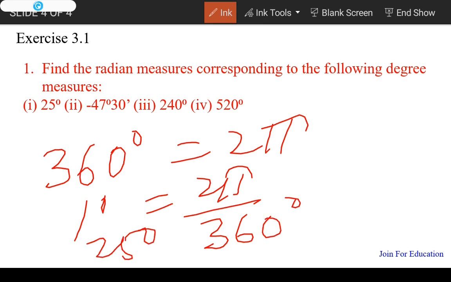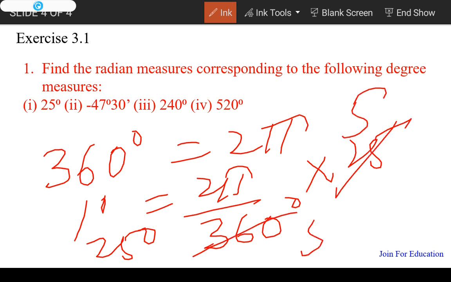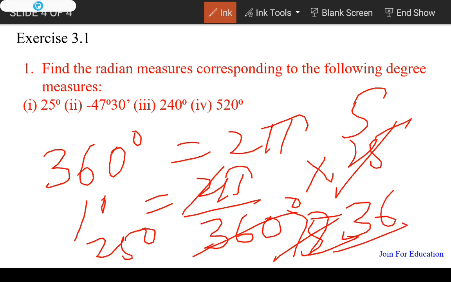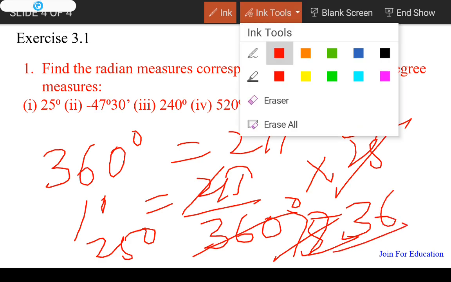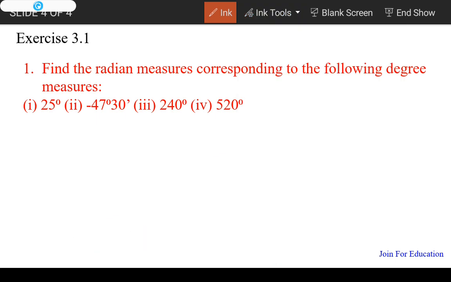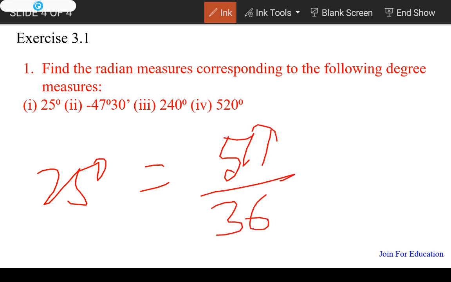Therefore 25 degree equals 25 into 2 pi by 360. Cancelling by 5, 5 fives are 25, 5 sevens are 35, and 5 twos are 10, and here will be 36. Therefore 25 degree equals 5 pi by 36 radian.